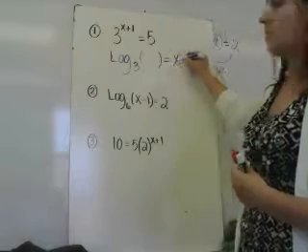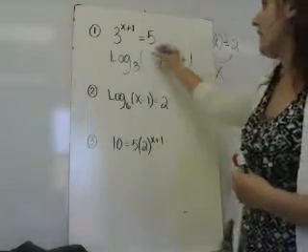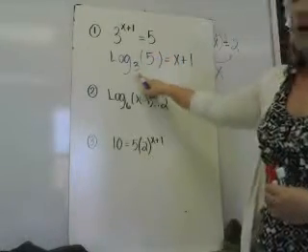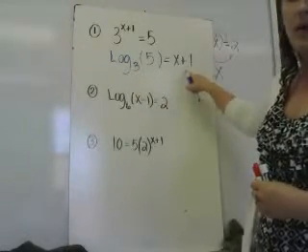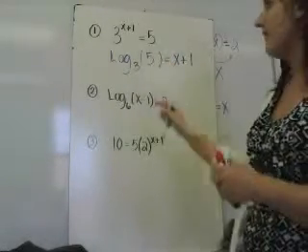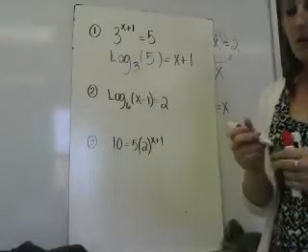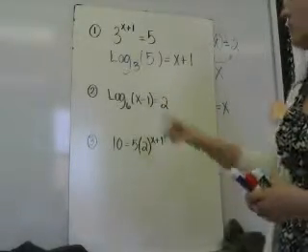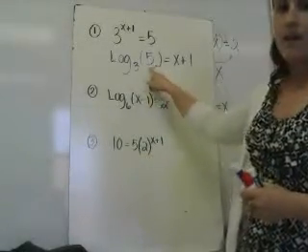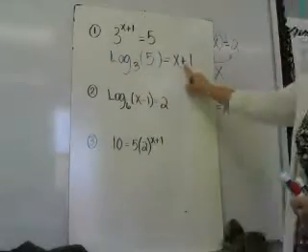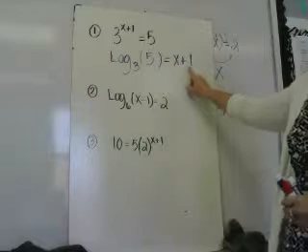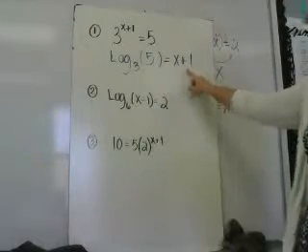So that means that x plus 1 should be over there, and this should be 5. And I can always use the wheel to see if I did it correctly. 3 to the x plus 1 power equals 5. This is actually super easy to solve in your calculator. If you just do log 5 divided by log 3, you have this entire side taken care of, and you just need to subtract 1 from both sides to get x by itself.